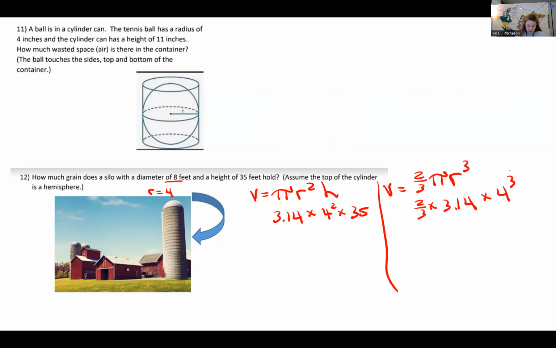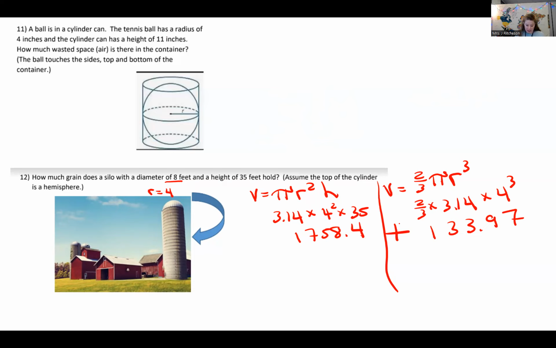All right, we're going to put these in our calculator. 4 squared times 35 gives 1,758.4. 2/3 times 3.14 times 4 to the third is 133.97.